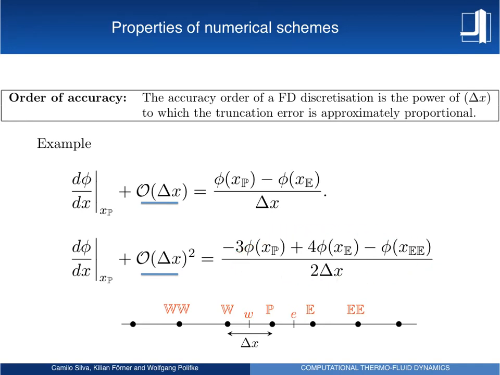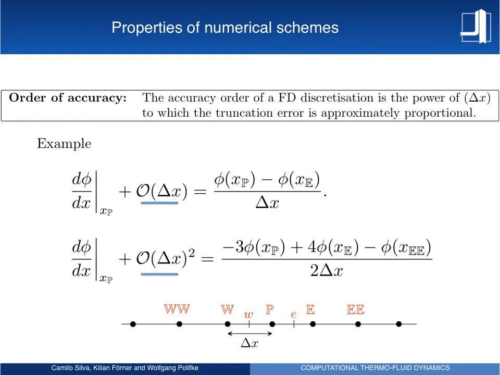In here it decreases, let's call it linearly, because it's proportional to delta x to the 1, but here it decreases quadratically, as delta x squared. So if you decrease the size of the mesh until you have a very infinitesimal distance delta x, you will see that this numerical scheme will go faster to 0 than this one.